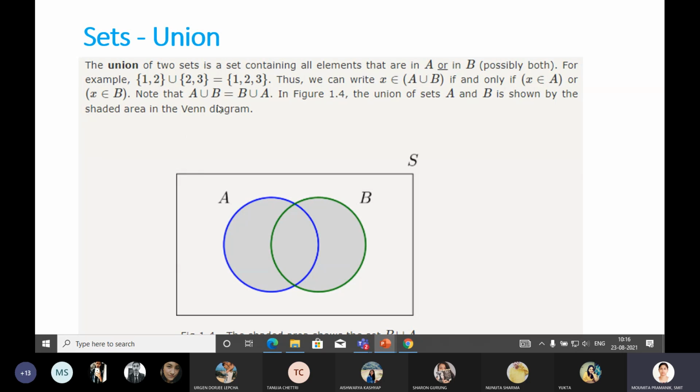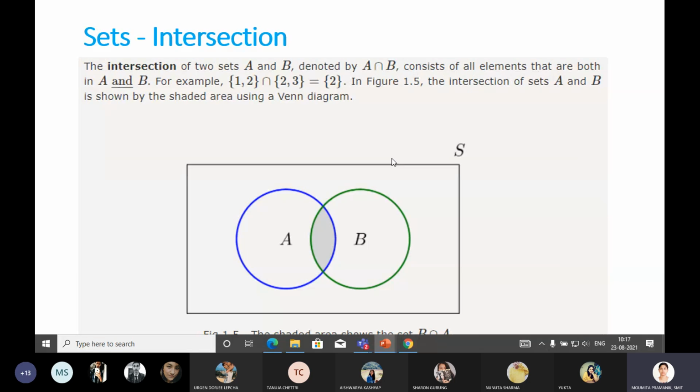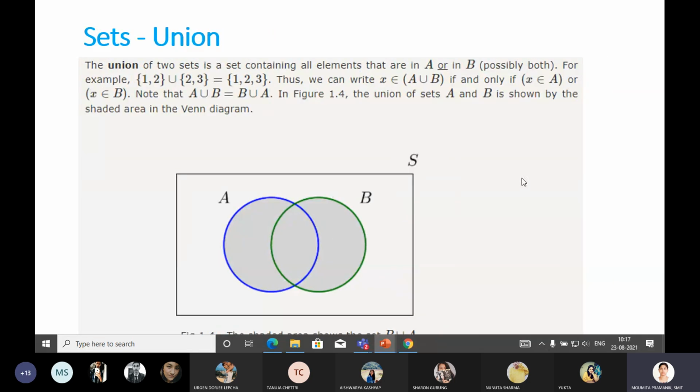Remember this point: at the time of the union operation, the order in which you union the sets does not matter. Get that, students? And this is known as a Venn diagram.